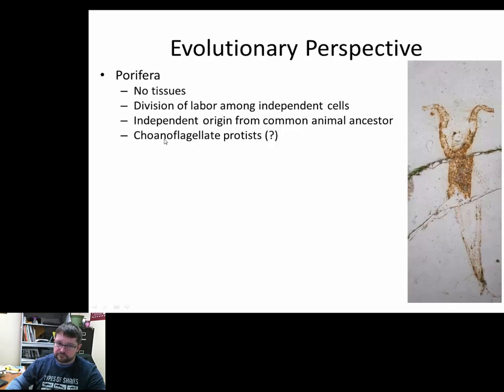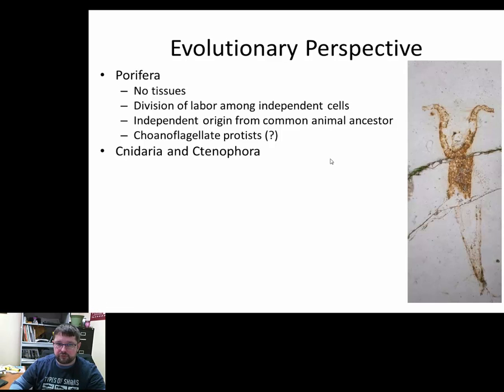Okay. Right now, we believe that the precursor to Porifera, or the protista that gave rise to the sponges, is a group of protists called the choanoflagellates. And I'll show you why that is in a little bit when we start looking at the anatomy, the inner workings of Porifera.